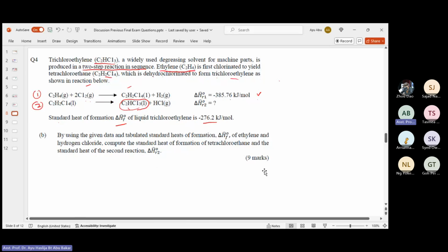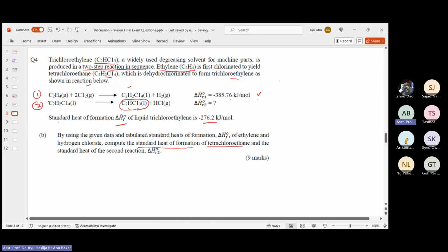Now, we proceed with question B, which asks you, by using the given data and the tabulated standard heat of formation of ethylene and hydrogen chloride, to compute the standard heat of formation of tetrachloroethane.